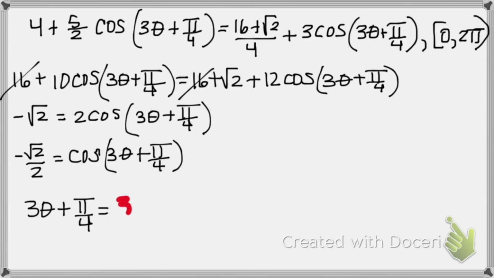So let's do that. 3 pi over 4 and 5 pi over 4. So that's equal to 3 pi over 4 plus 2 pi n. And let's just put the 5 pi over 4 right there as well, plus 2 pi n.